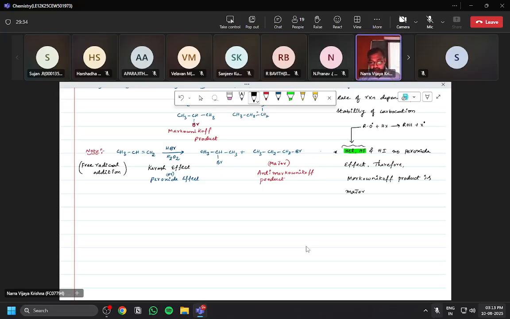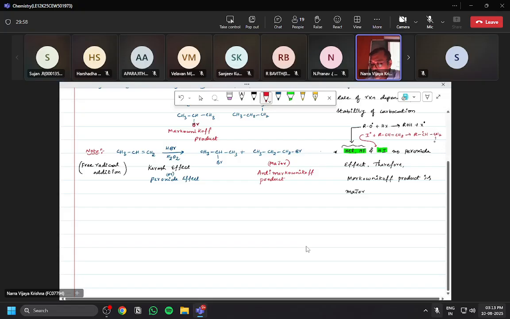Now, in the case of HI, which step is endothermic? The I radical attacks RCH=CH2 to form RCH radical plus CH2I.